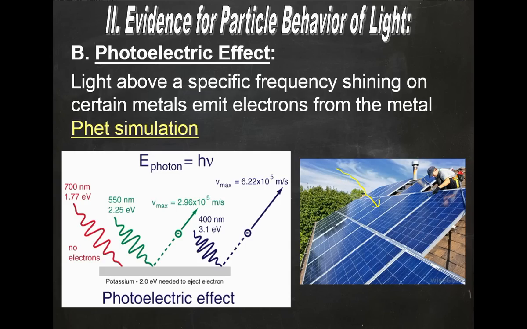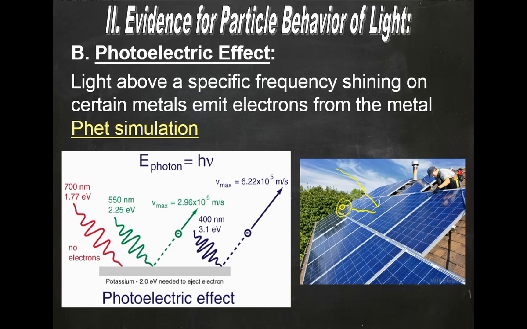If that light has enough energy, it will knock off an electron in the metal. And if we get a bunch of moving electrons, we establish an electrical current. In order for the electrons to get knocked off, though, the light striking it needs to have enough energy, or basically it has to be above a certain frequency.